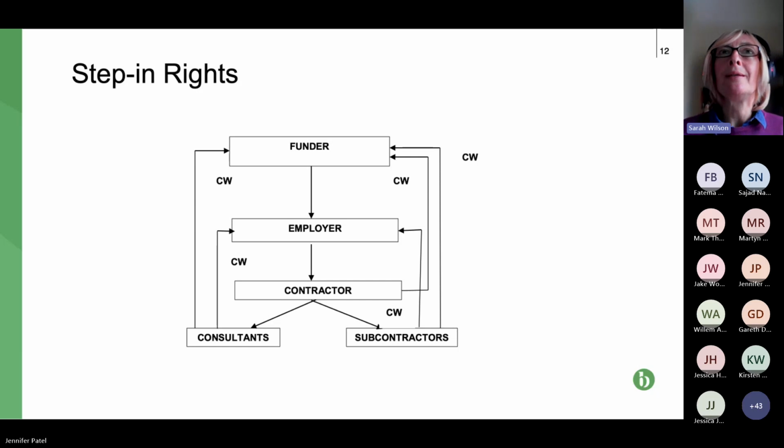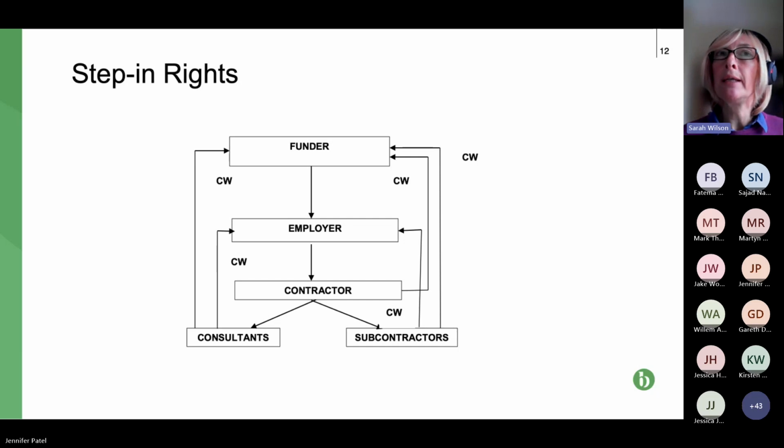What you also need to look out for in these step-in provisions is that they say, and they typically will, that once the employer or whoever has stepped in to another contract, they owe the obligations of the party they've taken over from. It makes sense that they owe an obligation to pay the subcontractor and the consultant.